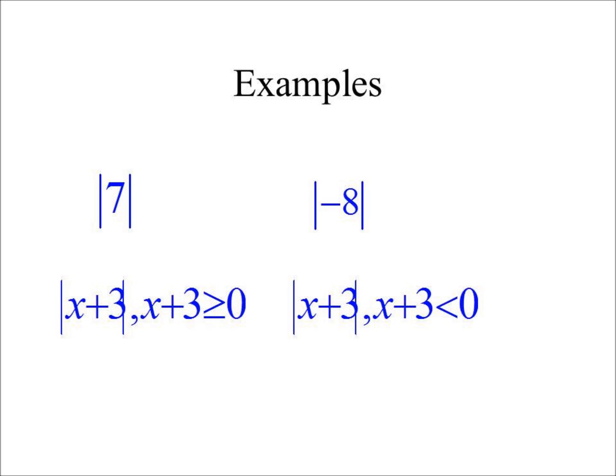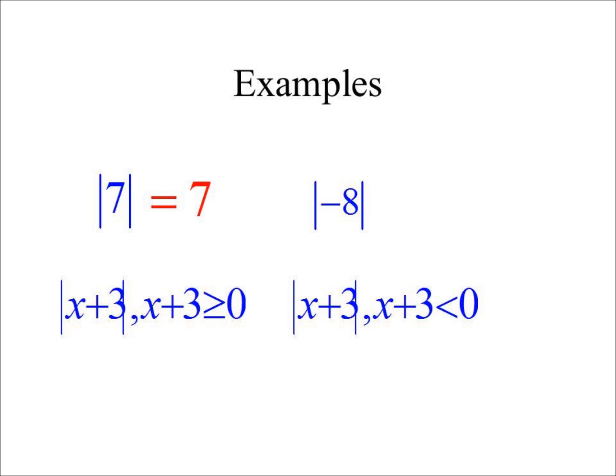We have the absolute value of 7, the absolute value of -8, the absolute value of x plus 3 if x plus 3 is greater than or equal to 0, and the absolute value of x plus 3 if x plus 3 is less than 0. So our first example, absolute value of 7, the solution is fairly easy. 7 is greater than 0, so the absolute value of 7 is just that value, 7.